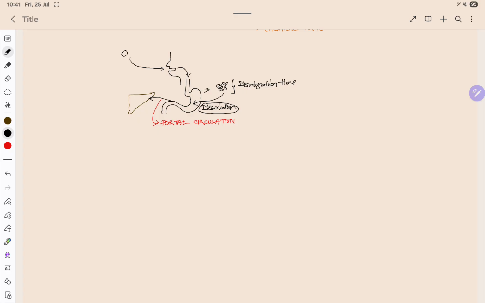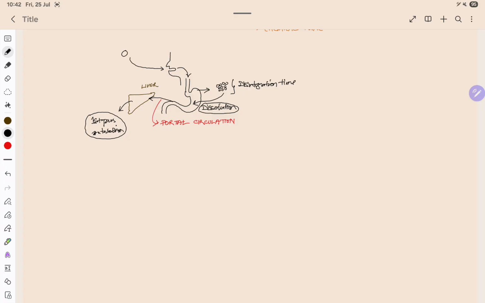Now the drug that has reached the liver via the portal circulation would undergo metabolism. Anything that goes into the liver has to undergo metabolism, and we call this metabolism first pass metabolism.